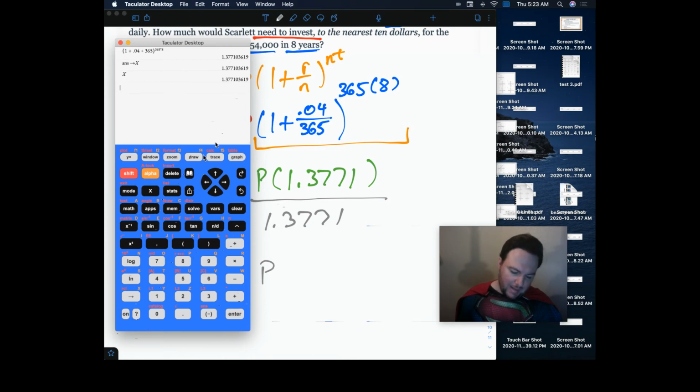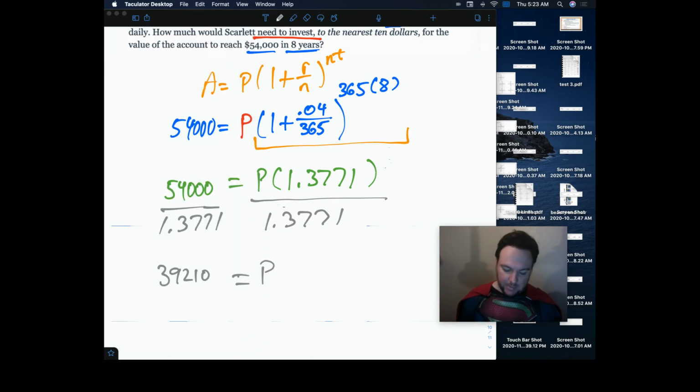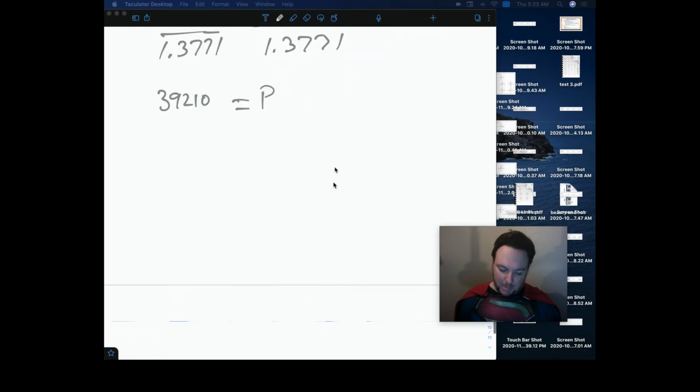If you had any apprehensions about rounding, you can store it. You don't have to store it as X. You could hit alpha and store it as any letter you want. If you ever have really ugly numbers, that's a really cool function on the calculator. I'm so glad this calculator actually did that. That's so nice of it to work properly.